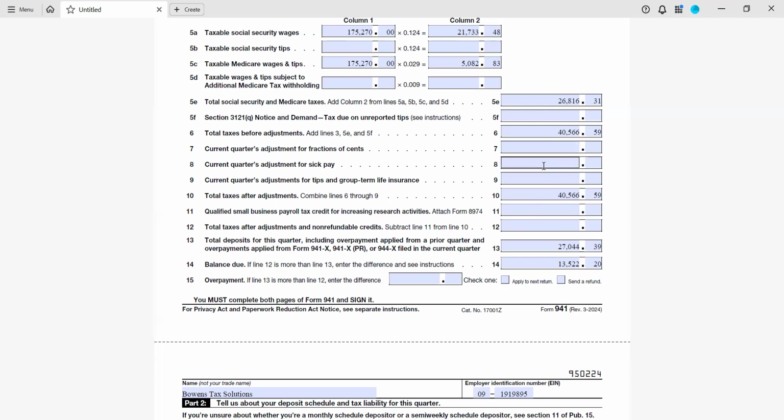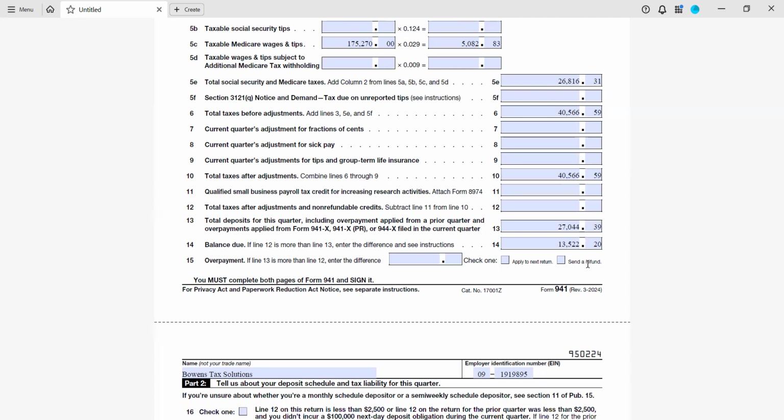If you offer sick pay to your employees, then you would have an adjustment for sick pay or for group term life insurance. Those things are going to reduce the amount that you are actually paying in taxes because you have the tax benefit when you offer those things to your employees. Okay. Or when we're looking at the Work Opportunity Tax Credit, the IRS gives you that incentive of having a credit, which goes dollar for dollar against your tax liability when you hire people from those demographic groups.